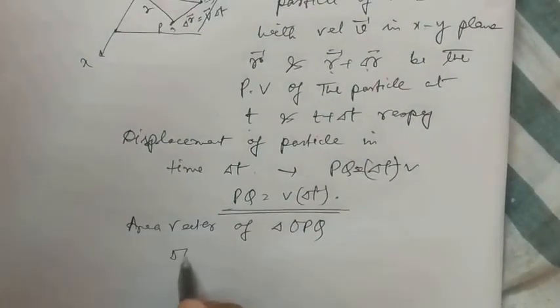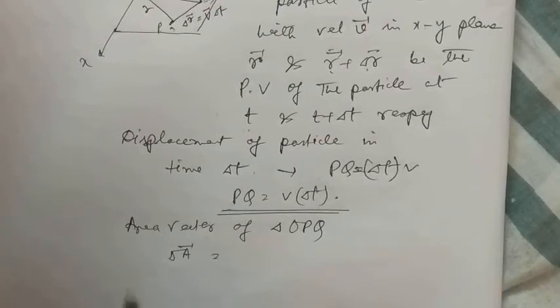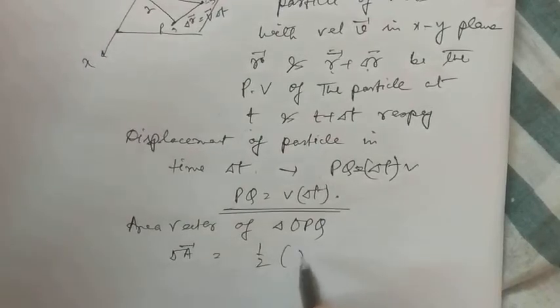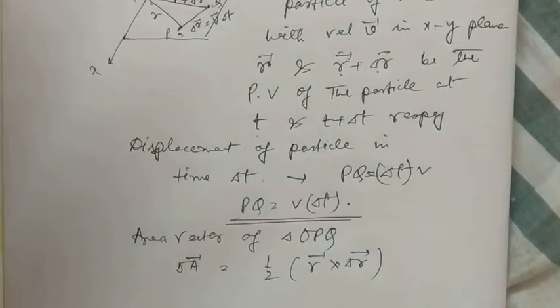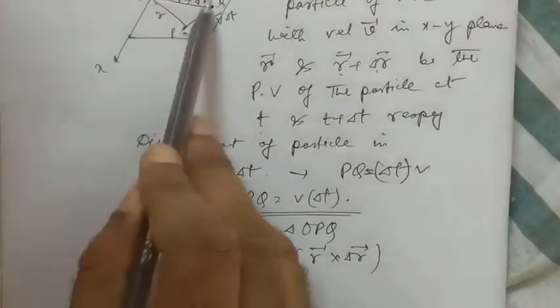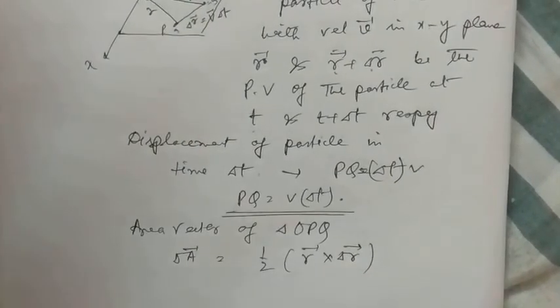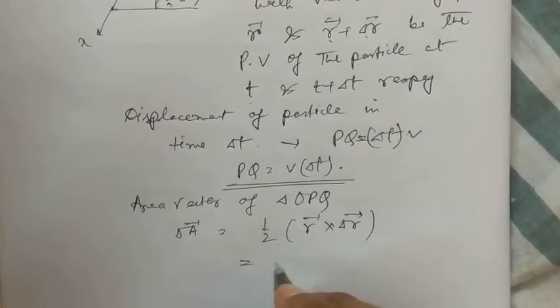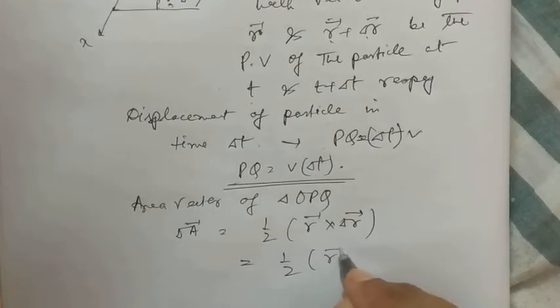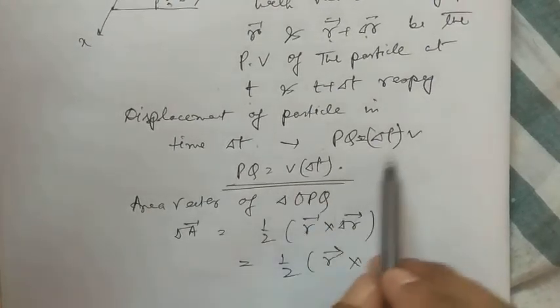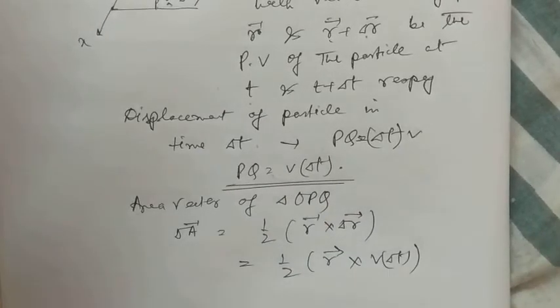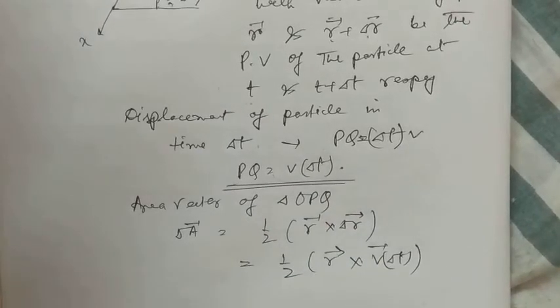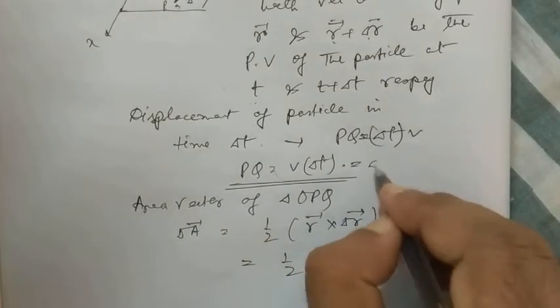Now delta A is equal to half of r cross delta r, half the base into the altitude. Replacing delta r with v delta t, the value of delta r is v delta t.